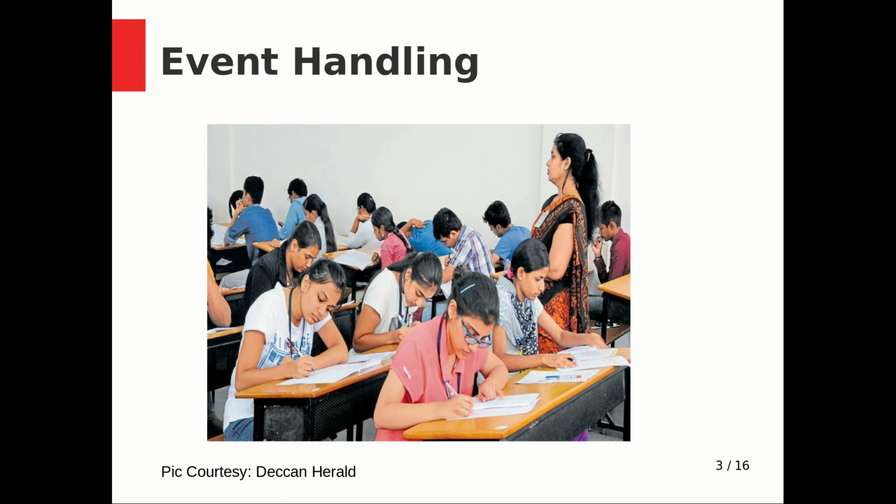The students are writing the exam and the invigilator is monitoring the exam. These are two different people who have been waiting for that event and participating in it. They are called event listeners. The name is obvious: both of them have been listening for that event, or waiting for that event, and they have been notified about the event.